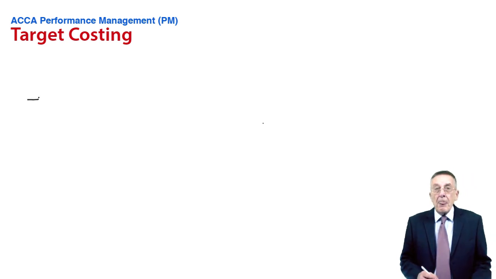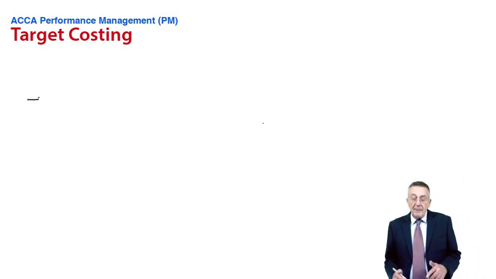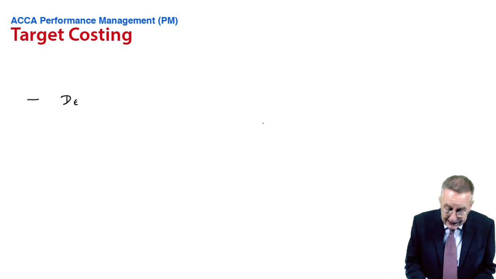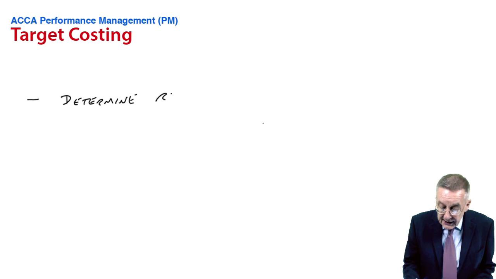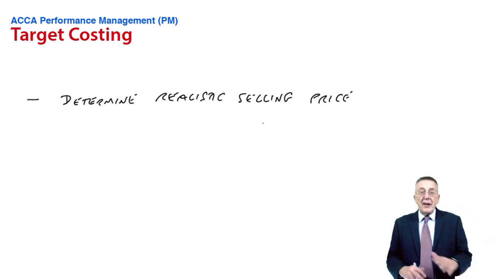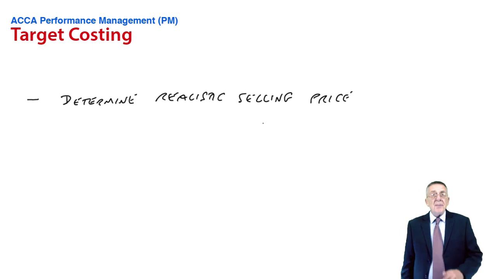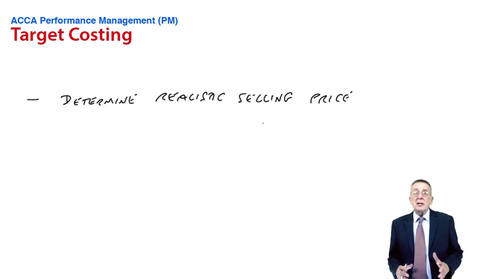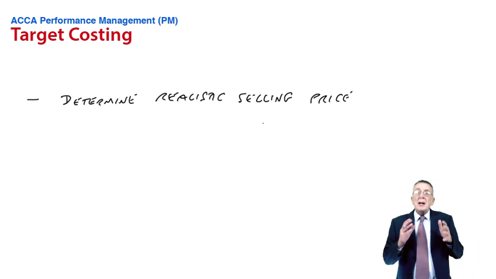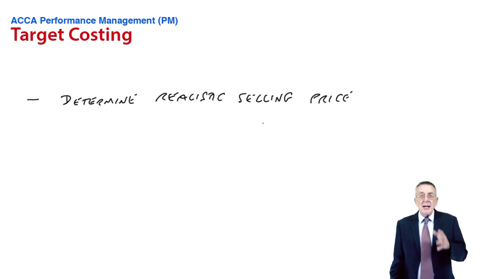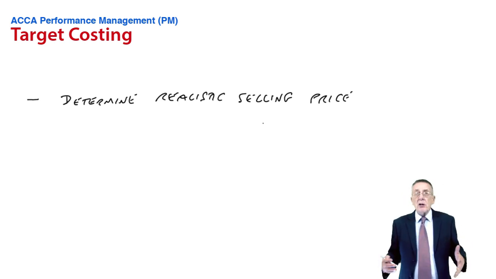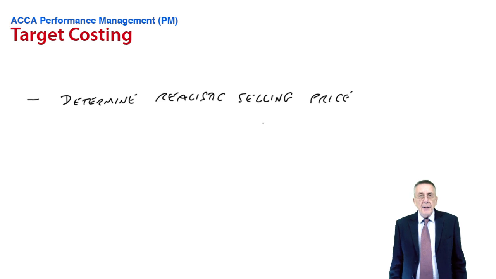First of all, the first thing we do is we determine a realistic selling price. So forget costs completely for the moment. I've got a new product I'm going to launch. We look to see what a realistic price will be, what price people are likely to be prepared to pay.